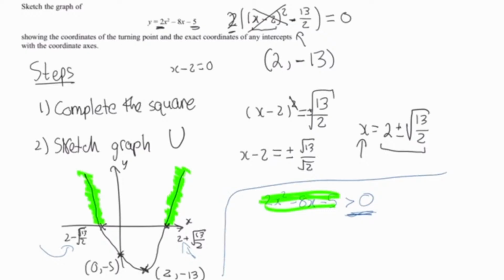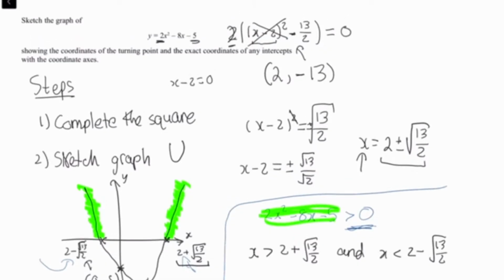So if it was asking for where y is greater than 0, we would just have those highlighted parts, which would give us when x is greater than 2 plus root 13 over 2, and when x is less than this coordinate here, so less than 2 minus root 13 over 2.